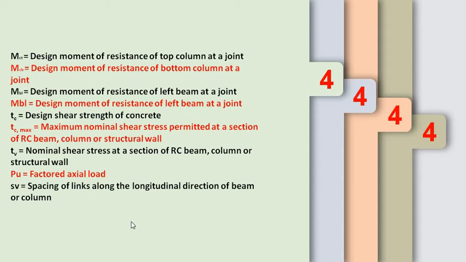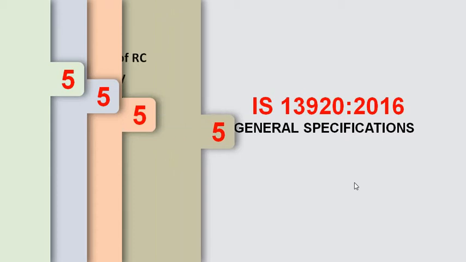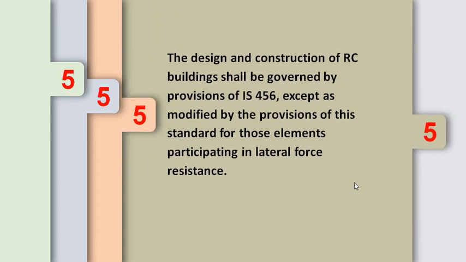Then moving to our next clause, clause number 5, which is the general specifications. In the general specifications, it is clearly written that the design and construction of RC buildings shall be governed by provisions of IS 456, except as modified by provisions of the standard for those elements participating in the lateral force resistance.